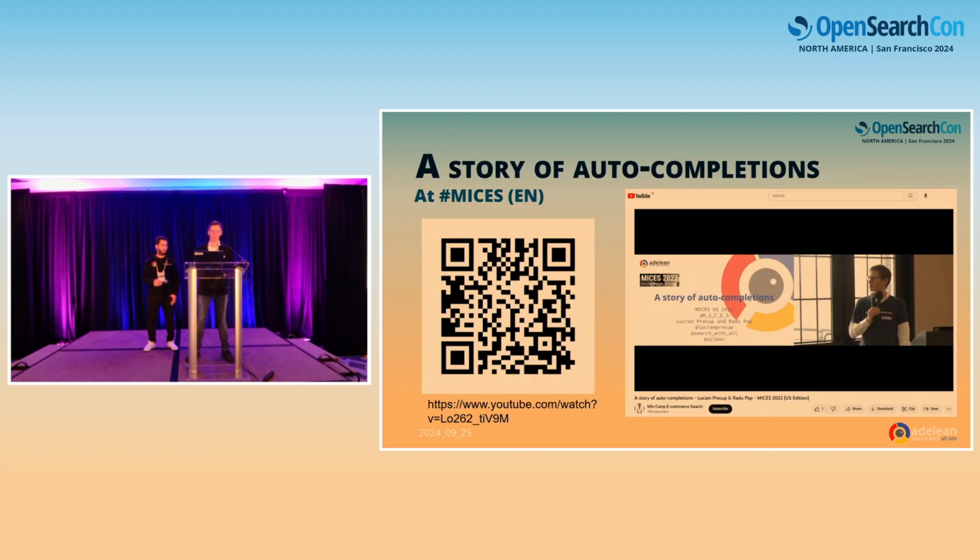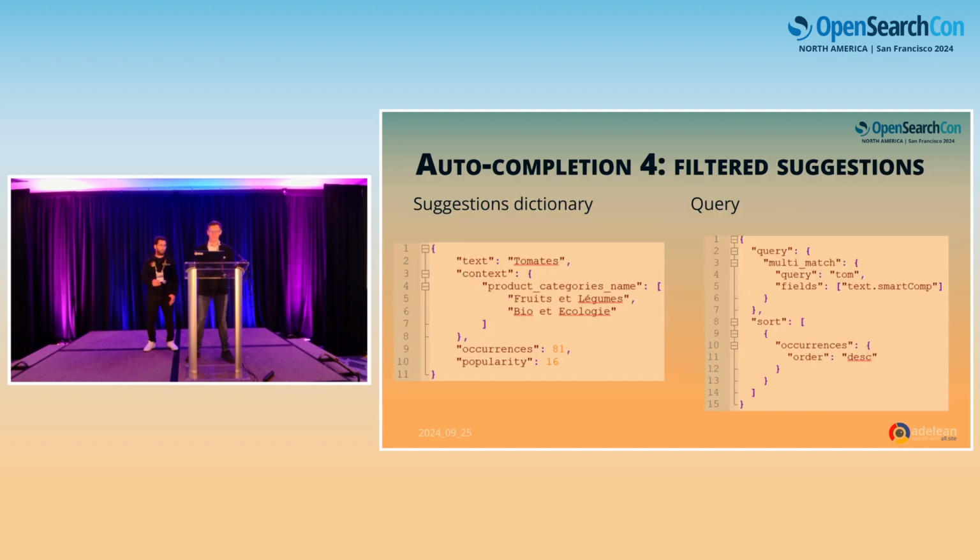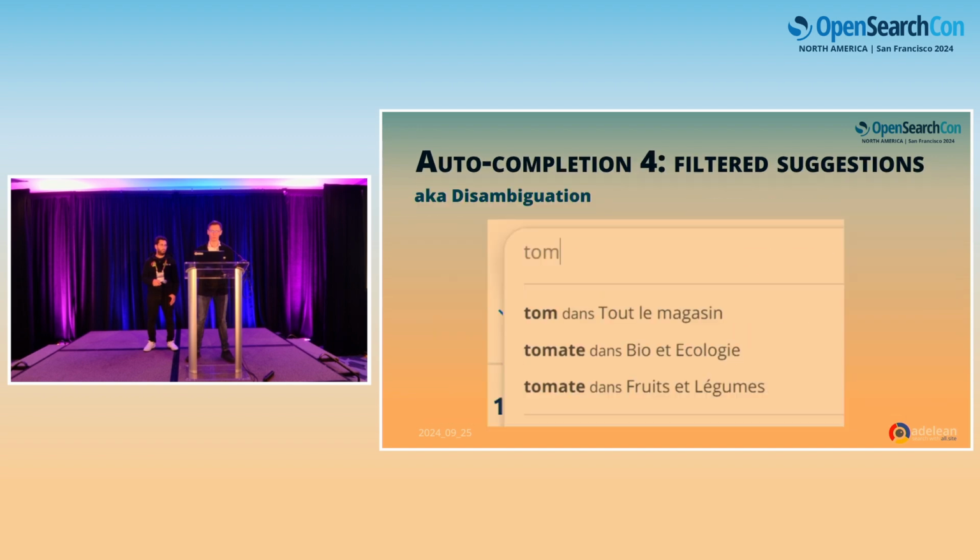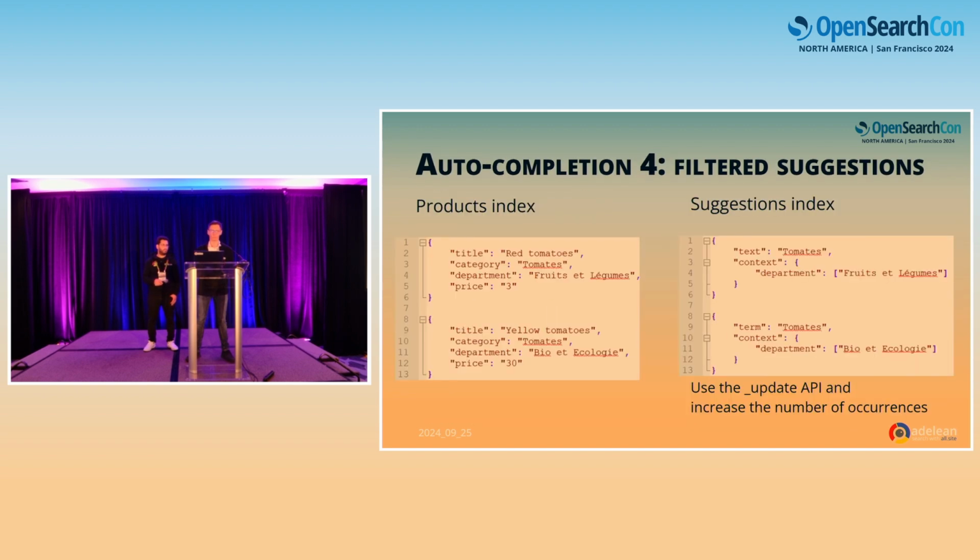These are really explained in detail, and also other auto-completion use cases, in this talk that we gave at MICES in Charlottesville. Okay, so this is what the dictionary looks like, and then the query that you issue on top of that in order to have this disambiguation.